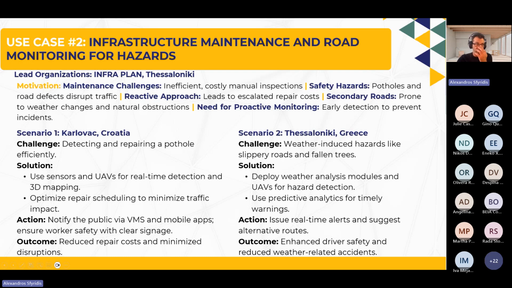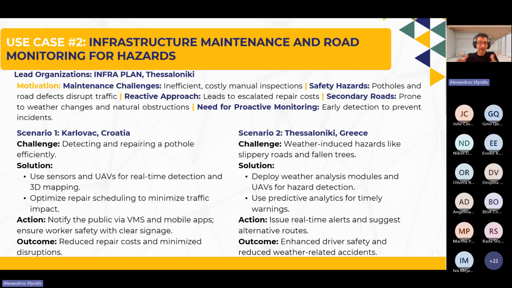Again, with the use of UAVs and data from weather stations, the aim is to conduct predictive analytics and issue warnings for road users in order to have an immediate response to potential ongoing dangers like hazards at the street level.